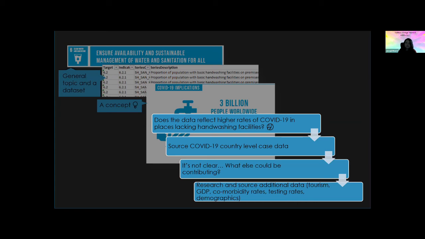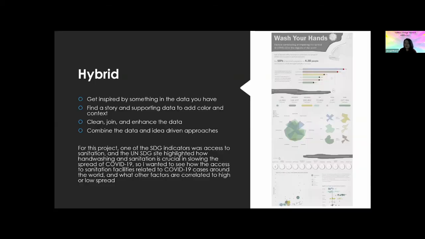Are the testing rates in these areas just lower? Do the demographics affect it? Does population density affect it? So I can start to layer in all of these things and try to find out. And so I wind up with this story that really started about access to hand washing and COVID and ended up exploring other things that are contributing to the spread of COVID as I explore.